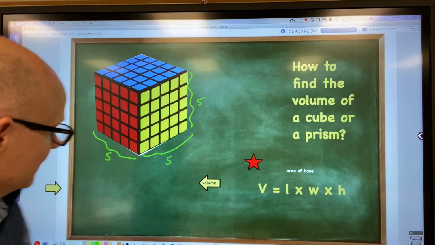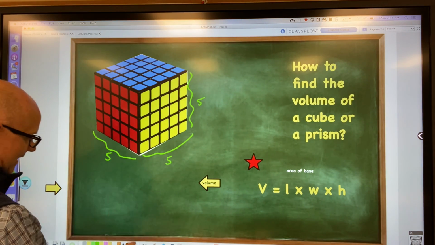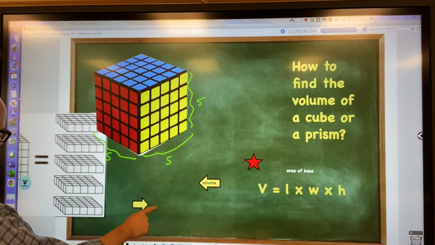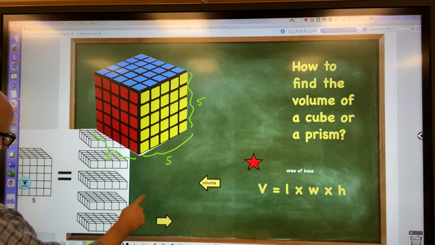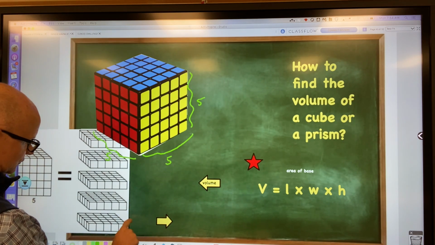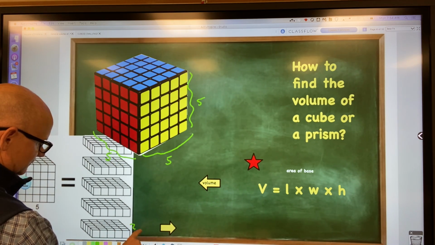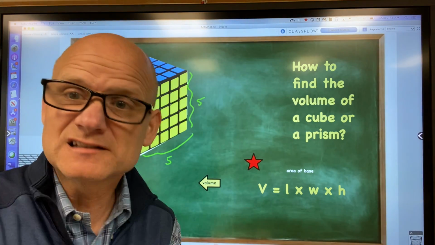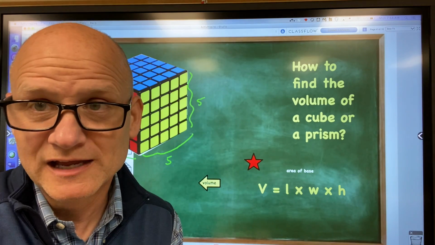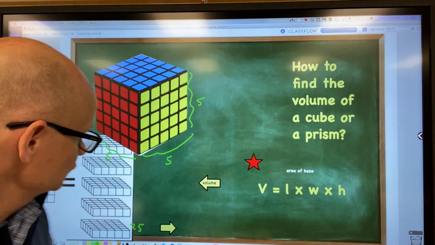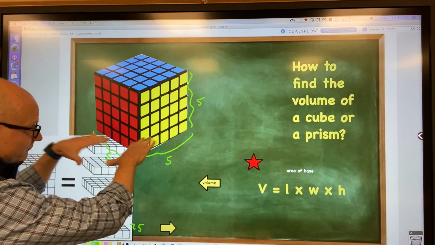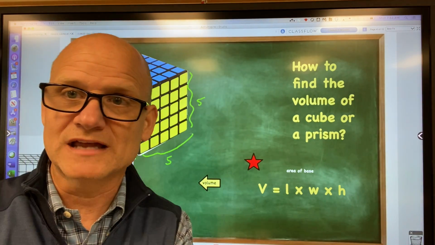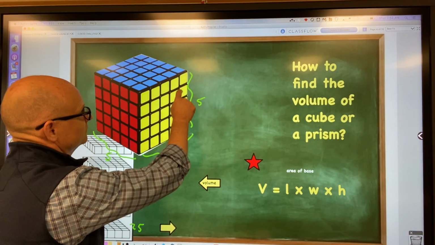Here's the proof. If you have something that's 5 by 5, how many are in that first level? There's 25 in the first level. And the next level, how many are there? 25. And the next level, 25. So 5 by 5 gives you the first level, 25 cubes, and then you count 1, 2, 3, 4, 5 levels.